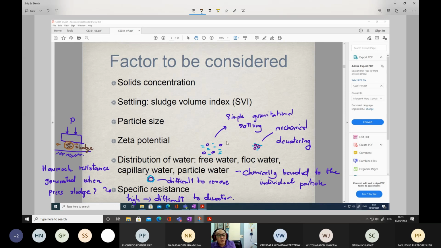But if the water gets into the floc and joins as part of the floc, the entire thing goes together, not just these particles. So this kind of floc water, if we want to remove the water from the solids, probably we have to apply the mechanical dewatering process.